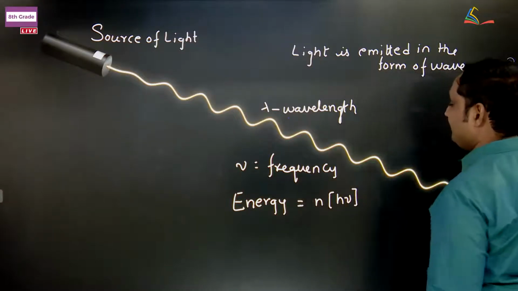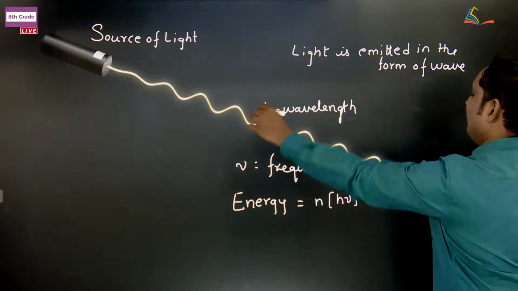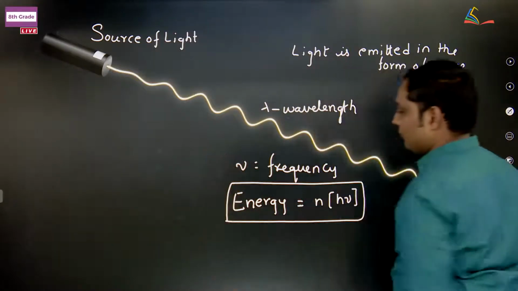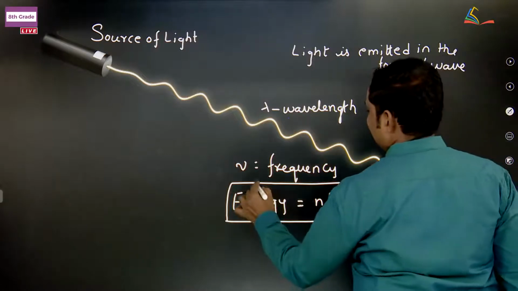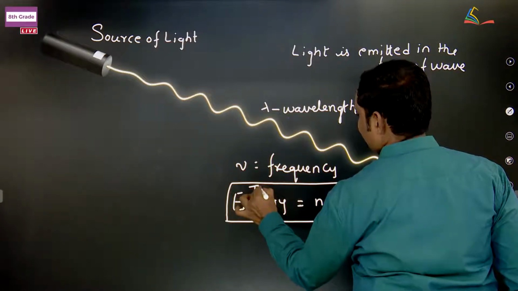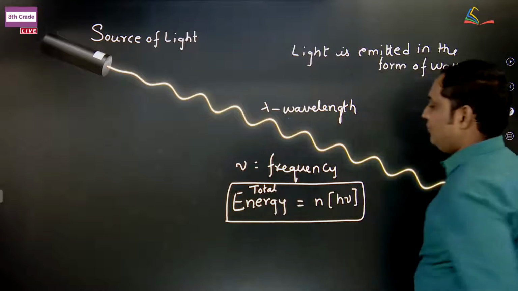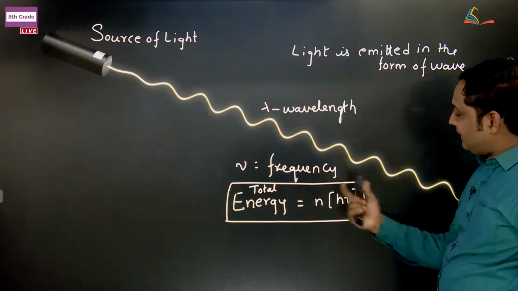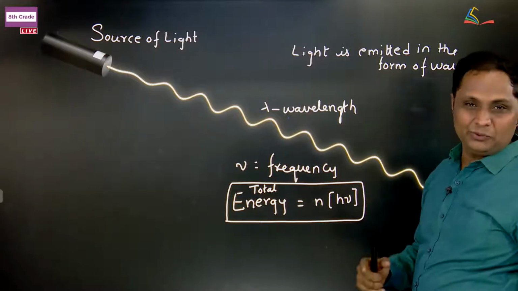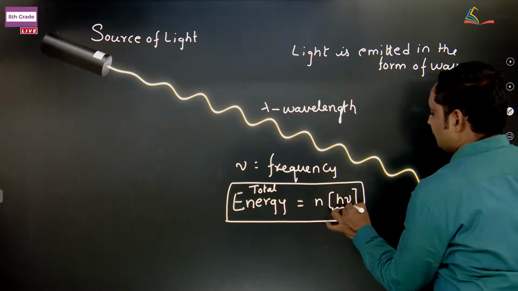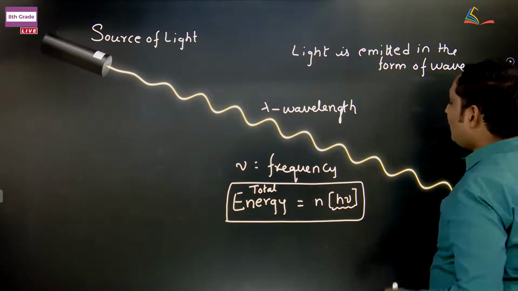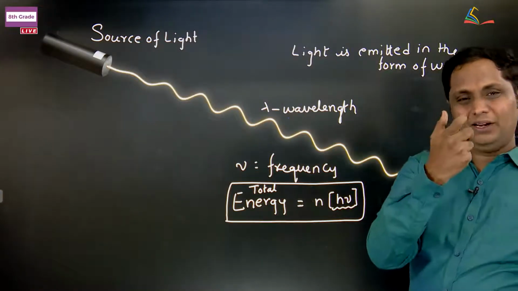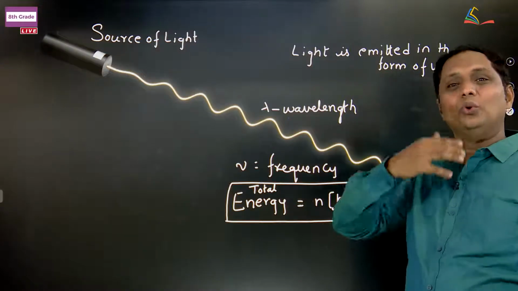This is the concept: the total energy can be expressed as an integral multiple n of this h nu. What is h nu? One quanta. It is the fundamental term to represent the total.